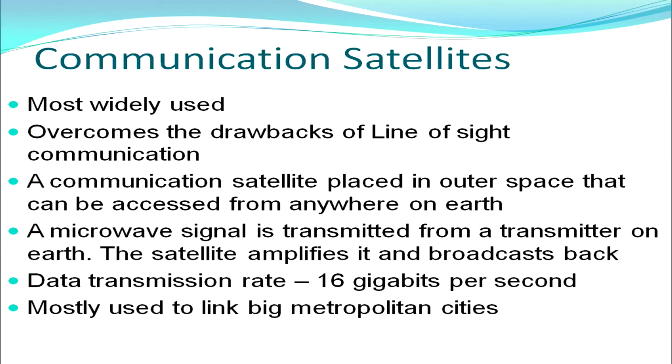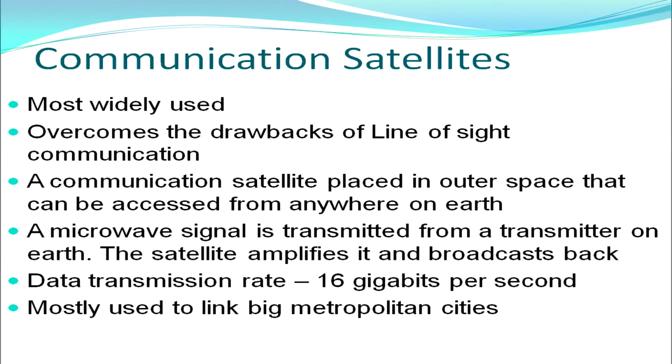So, the scope of this transmission is the entire globe. A microwave signal is transmitted from the transmitter on the earth and the satellite amplifies it and broadcasts it back on the earth. So, any receiver that tunes to the frequency can receive that signal. The data transmission rate is very high, 16 gigabits per second.